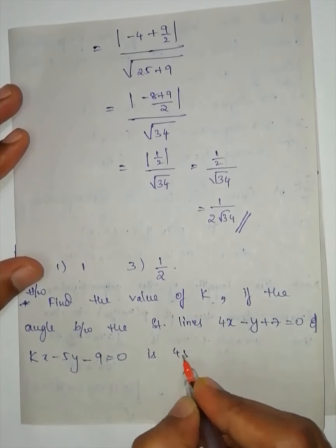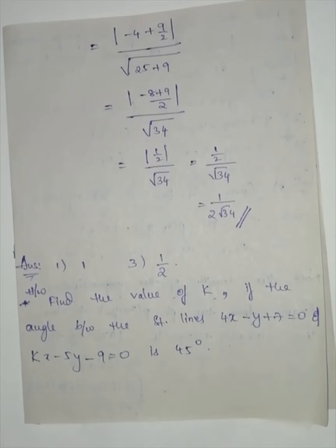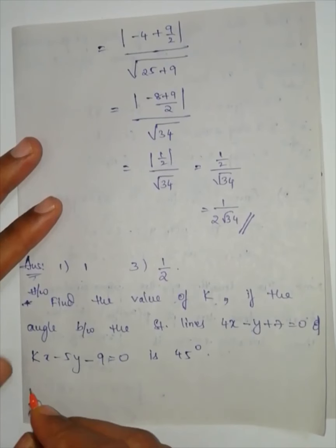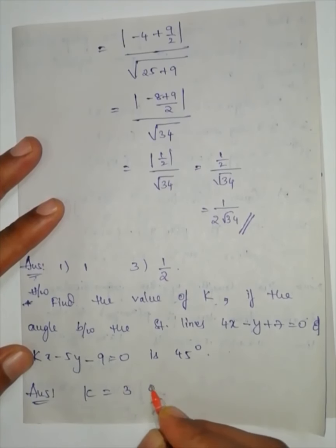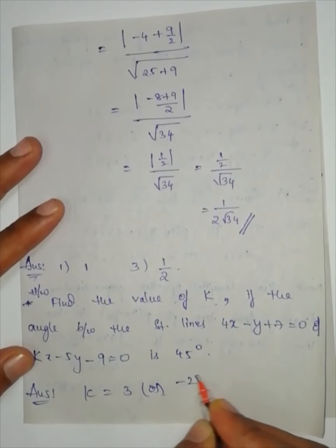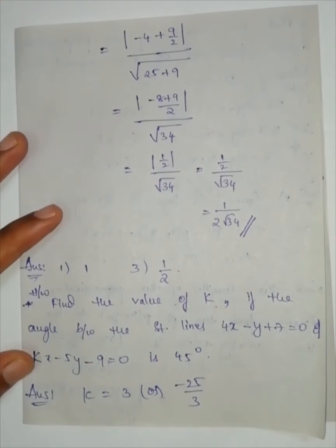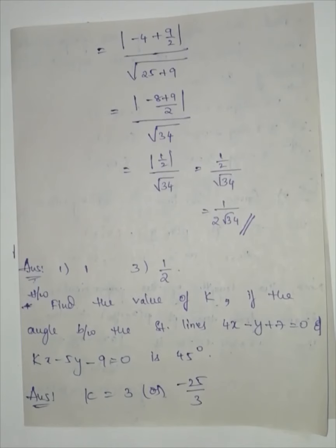In the previous lecture we have already discussed how to find the angle between the two lines. If we already know the angle between the two lines, then we can easily find the k value using the same formula, and the answer you have to get here is k is equal to either 3 or minus 25 by 3 for this homework problem.